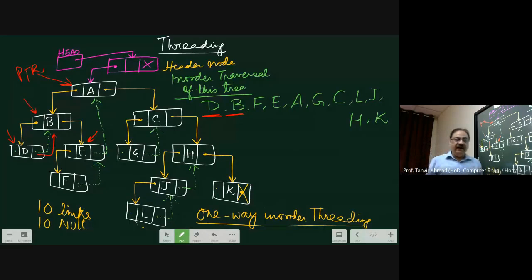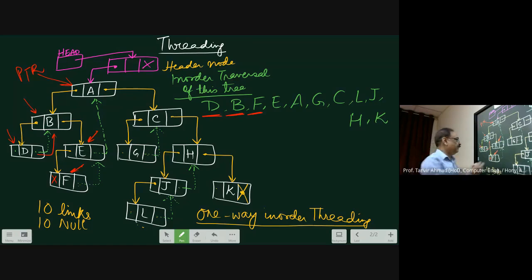From here, I find again the left of E contains a link. Therefore, I will come to F. From F, I find that the left of F contains a null. Obviously, this will contain a null. That means I will process F. Then I will follow the back pointer because F doesn't have a right child.